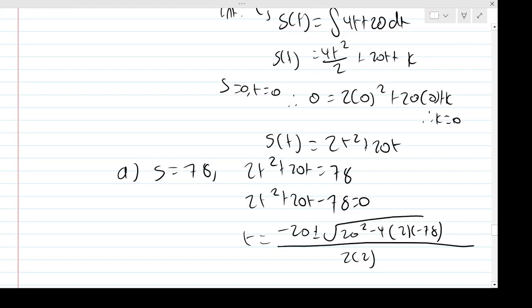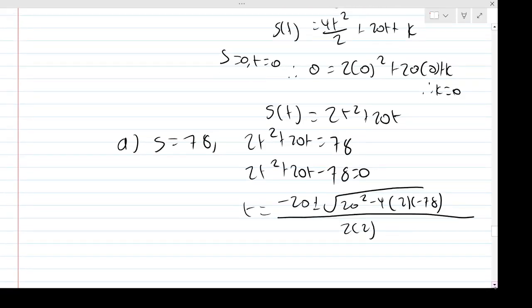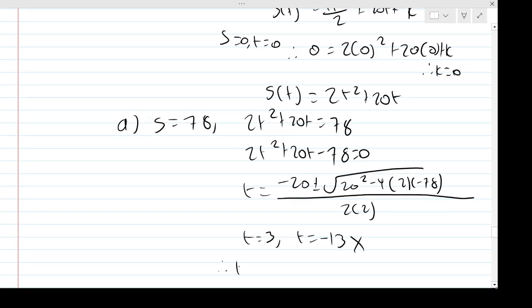So solving that gets me t is 3 or t is minus 13. But of course you can't have that solution because it's negative. So t is equal to 3. Okay.